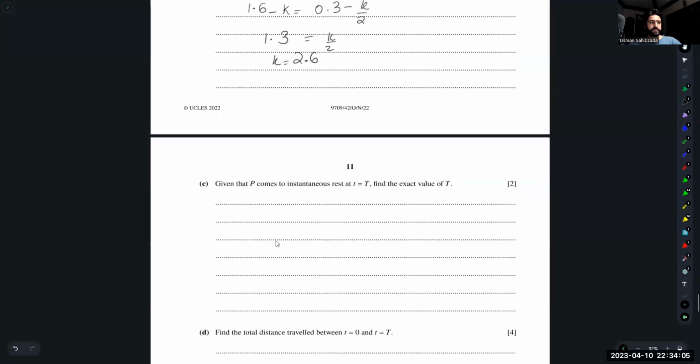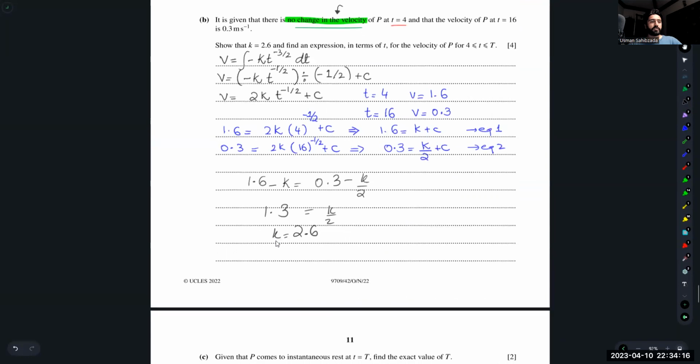Then comes, given that P comes to instantaneous rest when t is capital T, find the exact value of T. Well, until we have C, our velocity equation will not be confirmed. So to find C, we plugged in 2.6 in place of K and we got the value of C as -1.